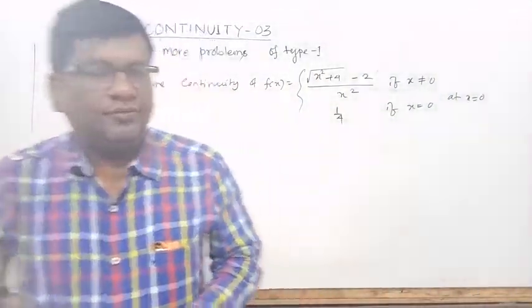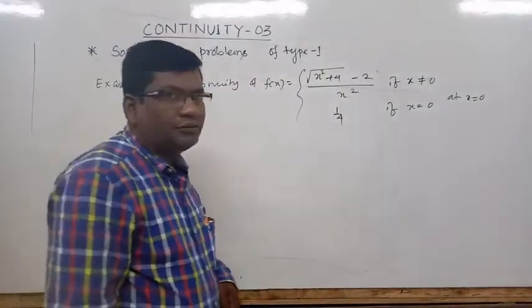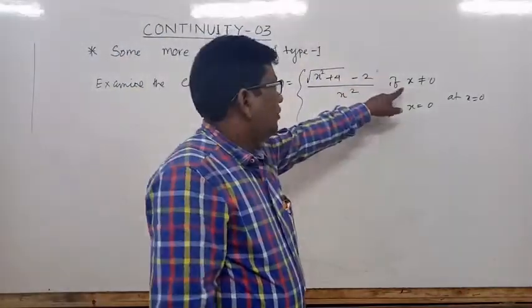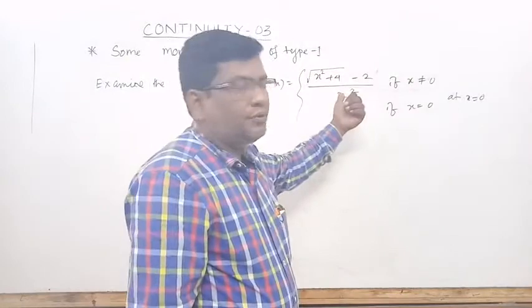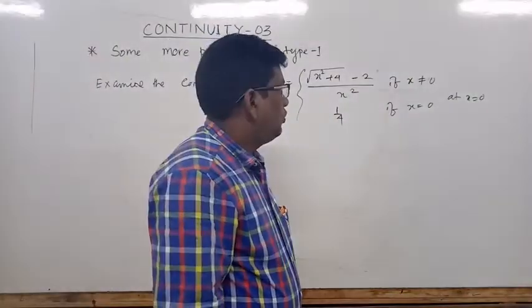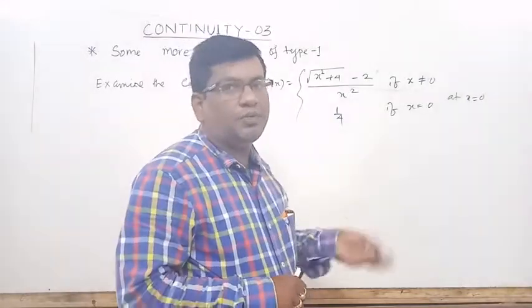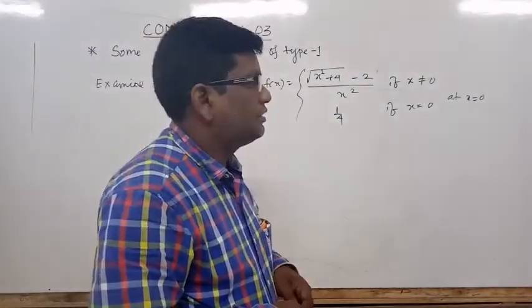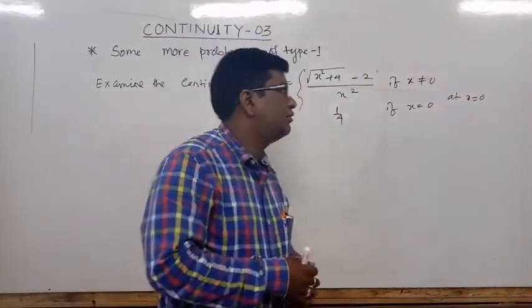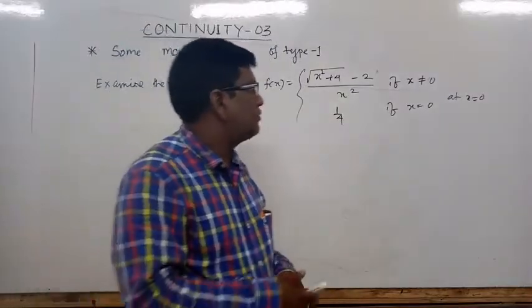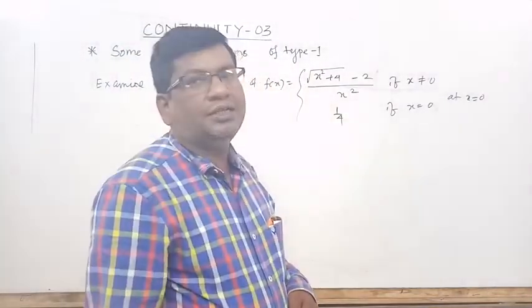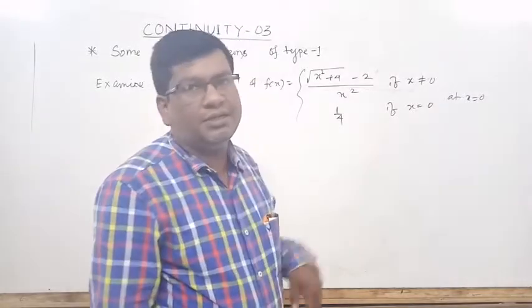In the previous lecture, for x not equal to 0, we used the limit as x tends to 0 minus and 0 plus, but we can also solve without taking the left hand limit and right hand limit.